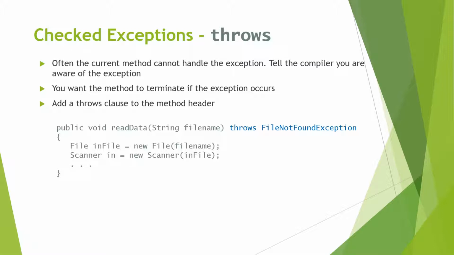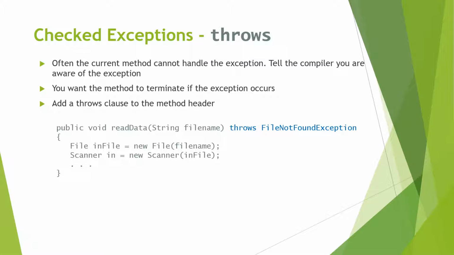Often the current method cannot handle the exception. Why? Because it doesn't have access to sufficient information, or it doesn't have the authority to do something about the exception and handle the exception.